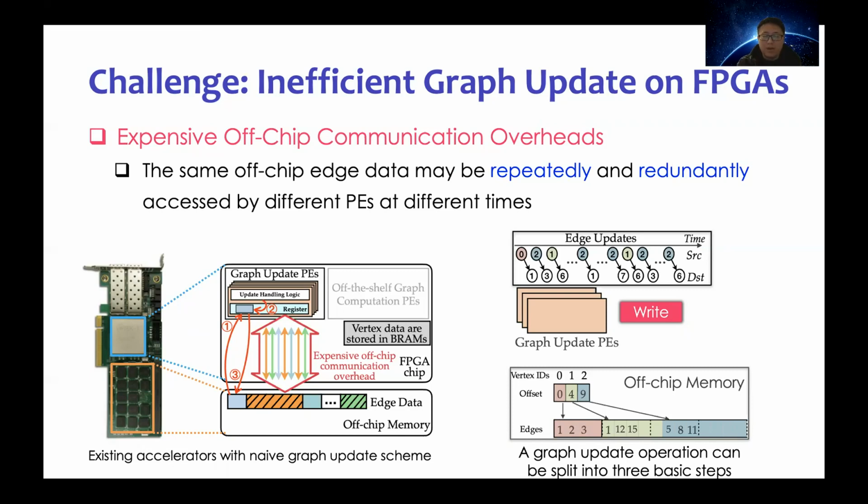In the real world, there often are a large number of updates applied. The off-chip edge data may be rapidly and redundantly accessed by each PE, therefore resulting in expensive off-chip communication overheads.